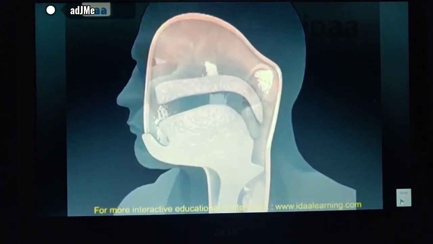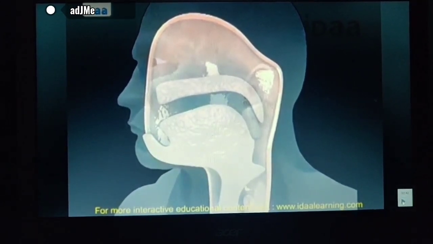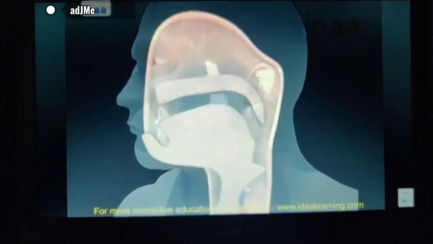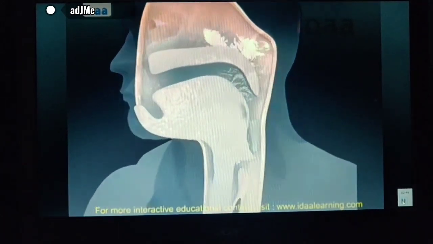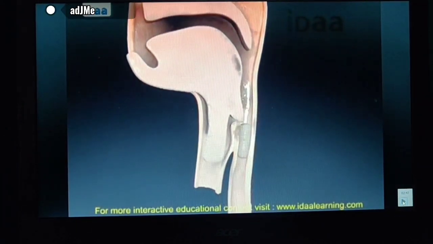This epiglottis helps the food to properly enter into the digestive tract. It avoids the entry of food into the respiratory system. So that is the work of glottis and epiglottis. Glottis is the entrance, and the gate or covering that is present above the glottis is called the epiglottis.